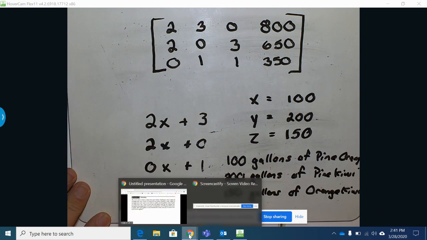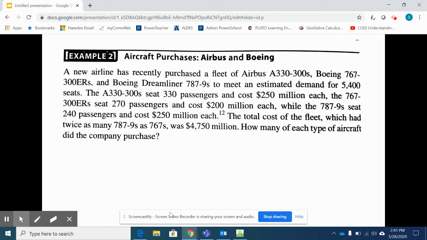Our next problem, we are going to be doing example number 2 in that textbook. So example number 2, we're talking about purchasing aircraft. A new airline recently purchased a fleet of Airbus A330-300s, Boeing 767-300ERs, and Boeing Dreamliner 787-9s to meet an estimated demand of 5,400 seats.